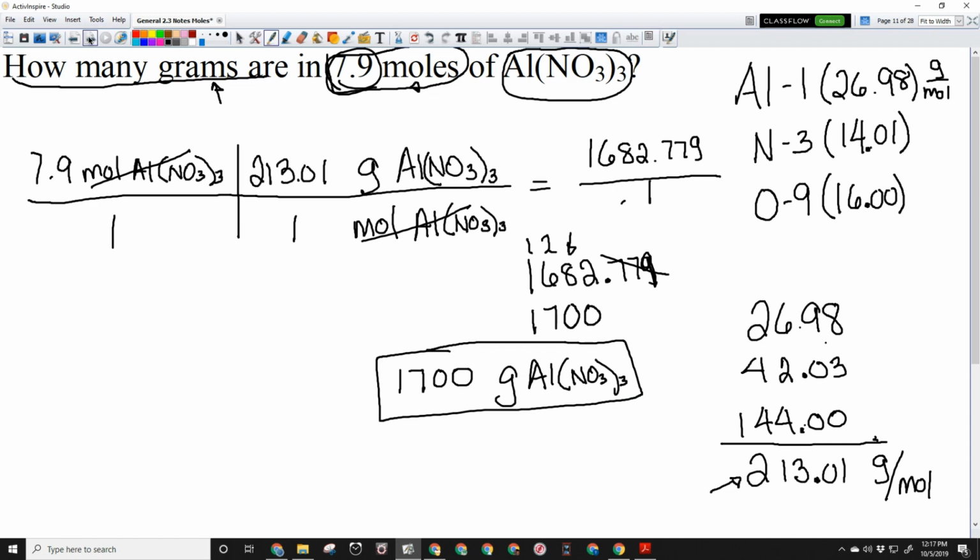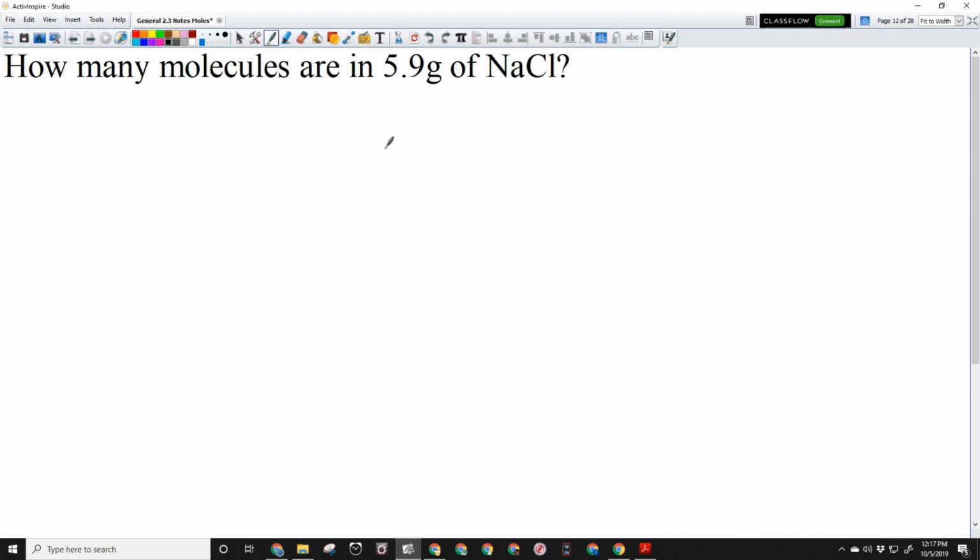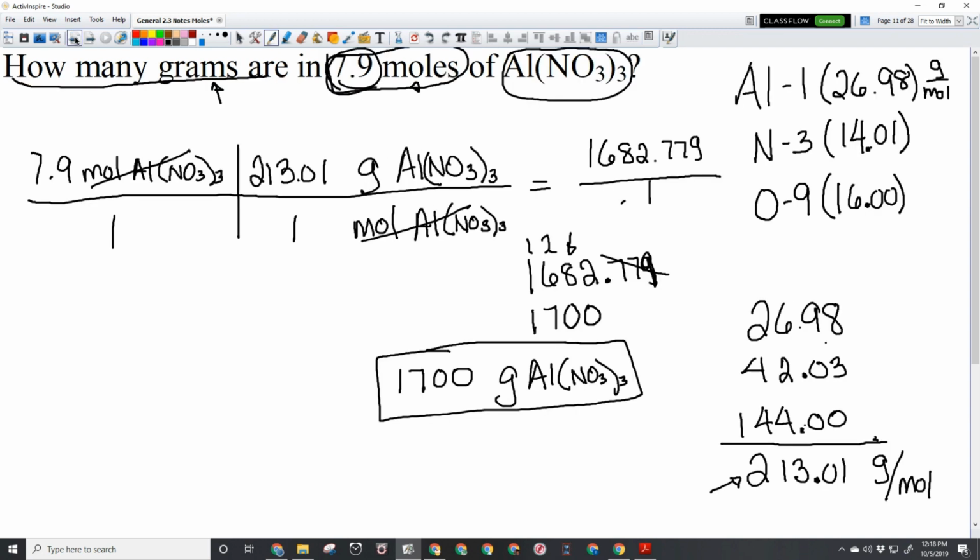All right. So we're going to go a little bit faster here. How many molecules are in 5.9 grams of sodium chloride? We're going to circle our given, underline what we're looking for, then go to our mole map.